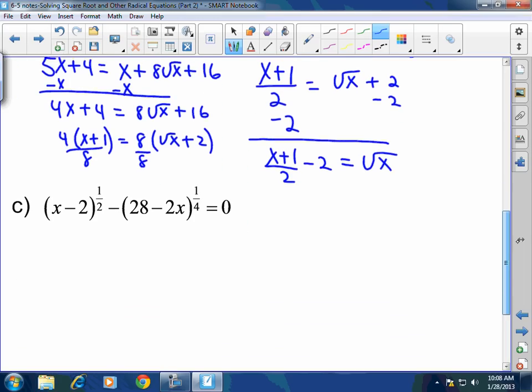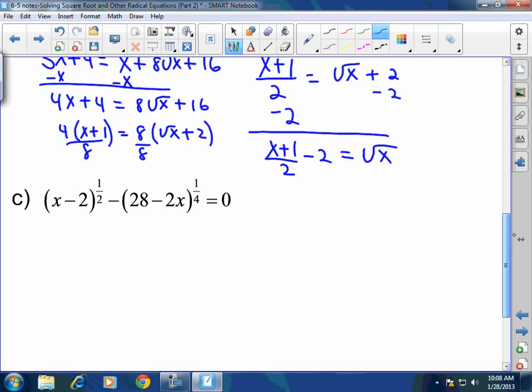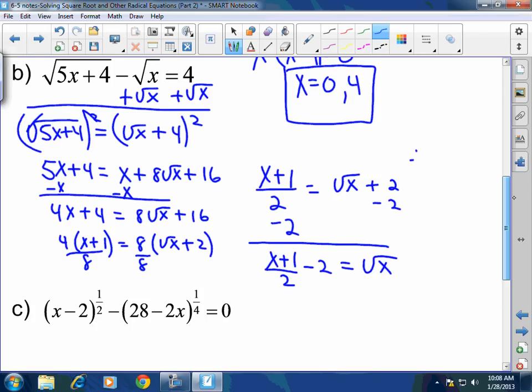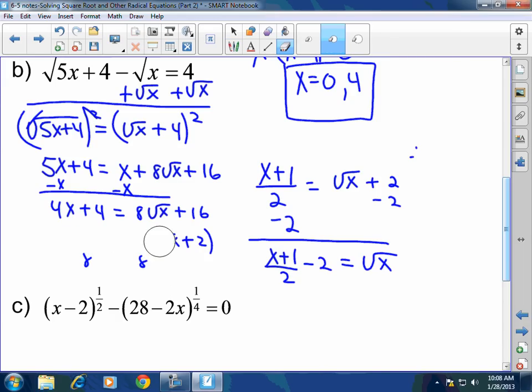Okay, this is going to be a fun one now, guys, because I got to get rid of that square root. Well, I wonder if it would have been easier for me to have just multiplied everything. Yeah, you know what? I'm not going to take you into this fraction world.